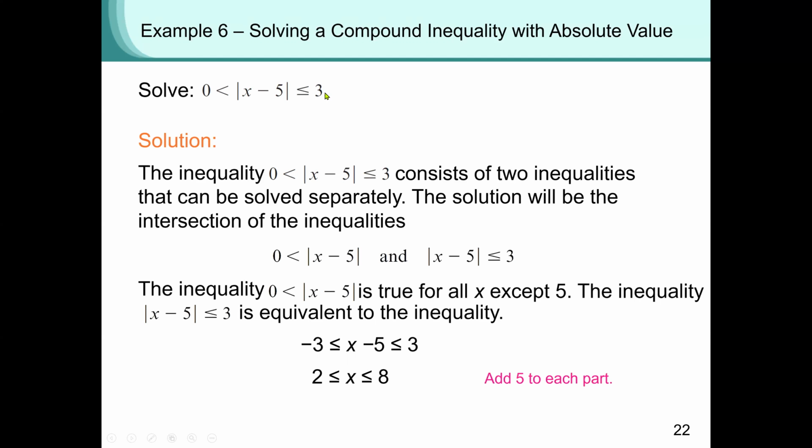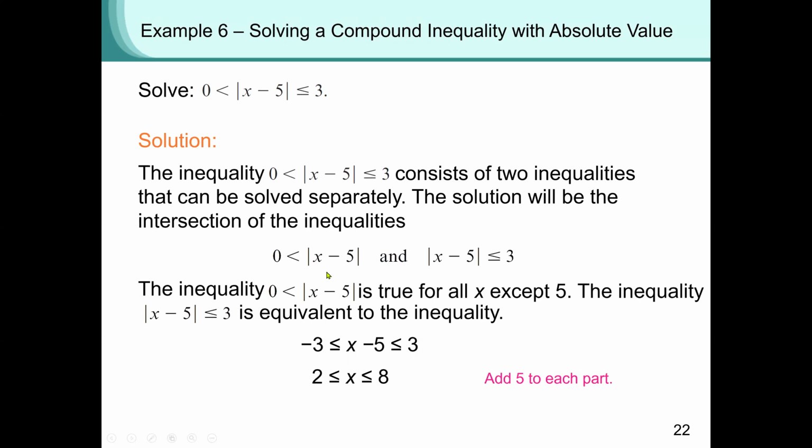So this is called a compound inequality because it consists of two inequalities, and these can be solved separately. So first I can say, okay, I have the absolute value of s minus 5 greater than 0, which is the left side. And also I have the absolute value of s minus 5 less than or equal to 3.